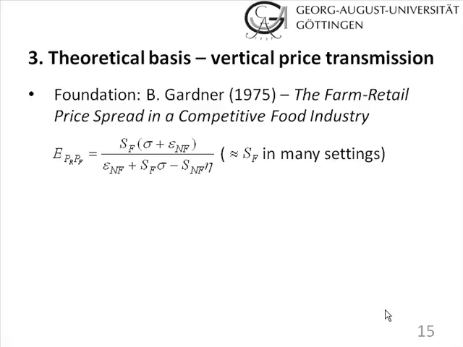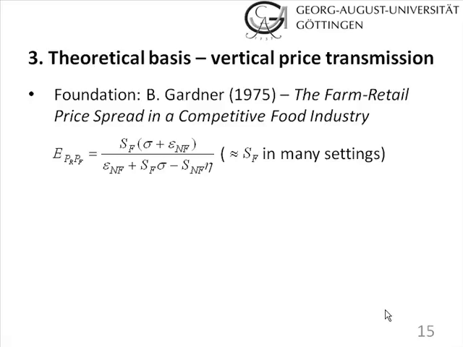Okay? So just to put this in practical terms, if we're looking, for example, at wheat and flour, this formula here tells us that if the wheat price increases by 1%, we will expect the flour price to increase by roughly the cost share of wheat in the total cost of producing flour.